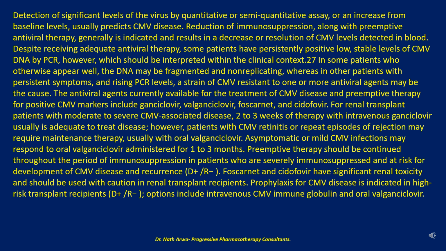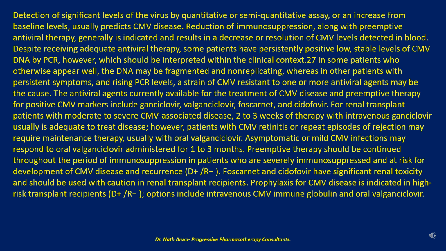Despite receiving adequate antiviral therapy, some patients have persistently positive low, stable levels of CMV DNA by PCR, however, which should be interpreted within the clinical context. In some patients who otherwise appear well, the DNA may be fragmented and non-replicating, whereas in other patients with persistent symptoms and rising PCR levels, a strain of CMV resistant to one or more antiviral agents may be the cause.